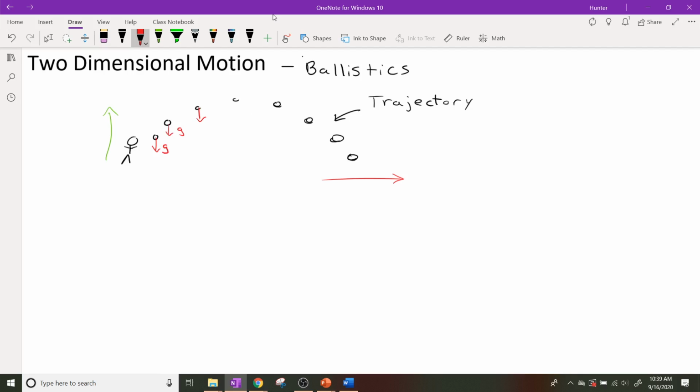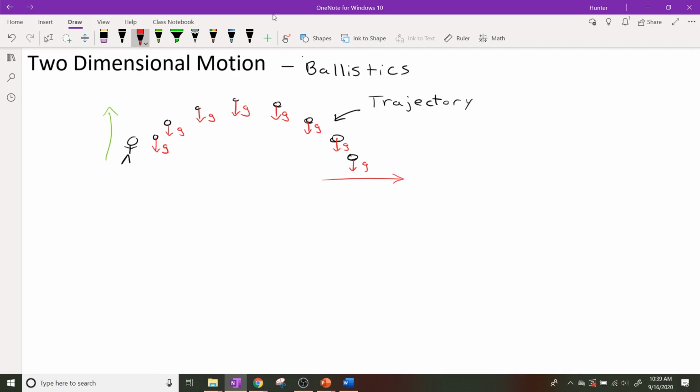Gravity is going to be pulling it down at 9.8 meters per second squared. So instead of writing 9.8 fifty million times, I'm just going to draw these arrows and put G. So we have G, G, G, G, G, G, all the way down. And that is the only acceleration happening in this trajectory.